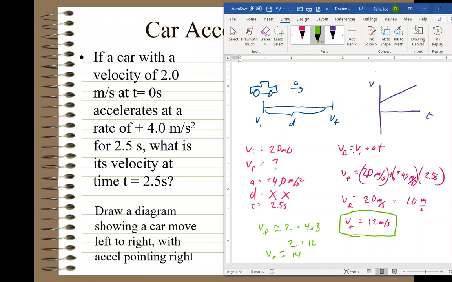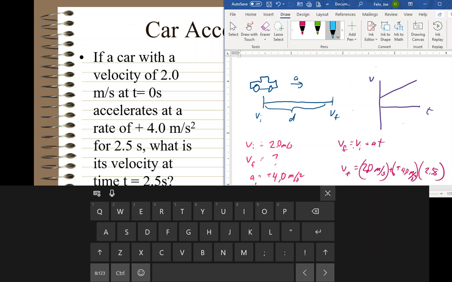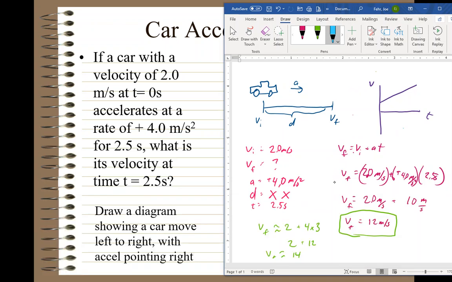Now, I will ask you, what would happen if part B of this problem, which there isn't a part B, but let's pretend there's a part B. If part B says, okay, now go ahead and solve for displacement. How far did you go during that time? Well, we still have 2.0 meters per second, and we still have positive 4.0 meters per second squared, and we still have 2.5 seconds.